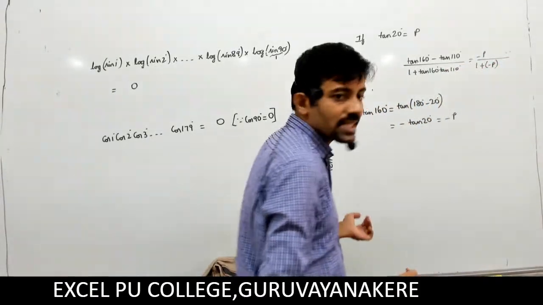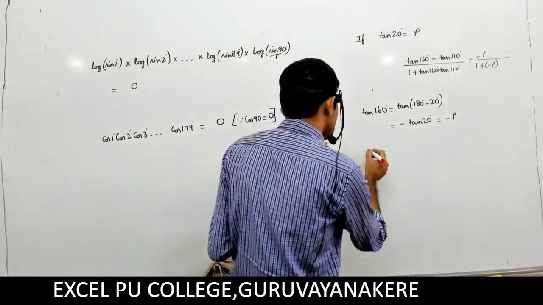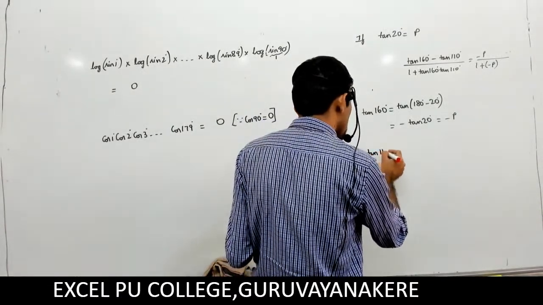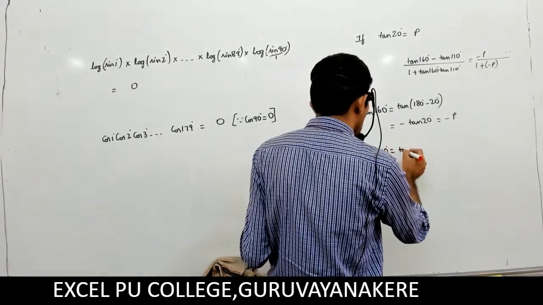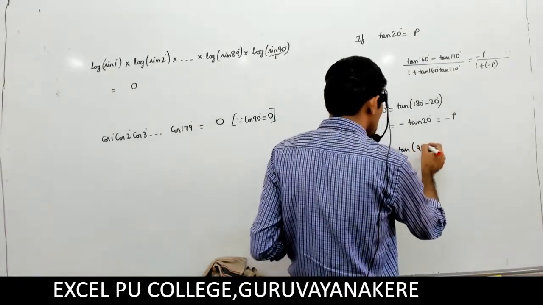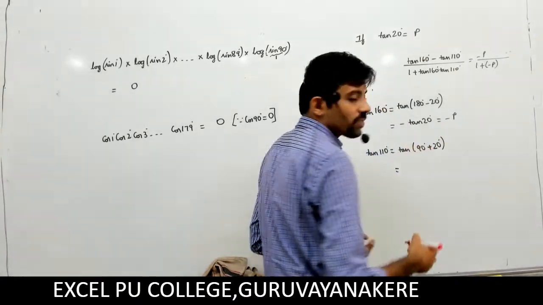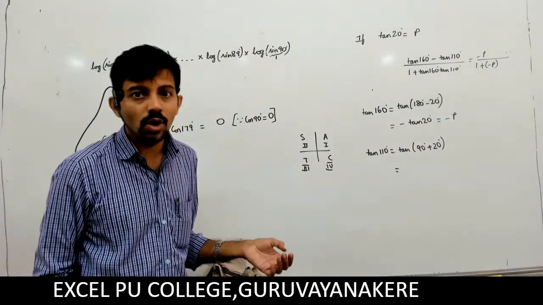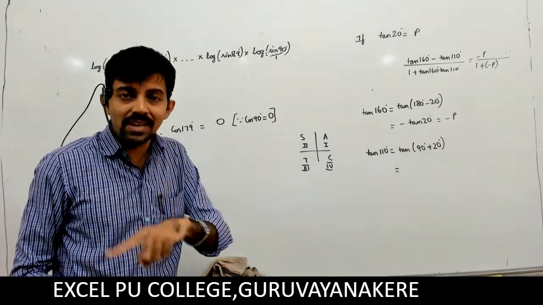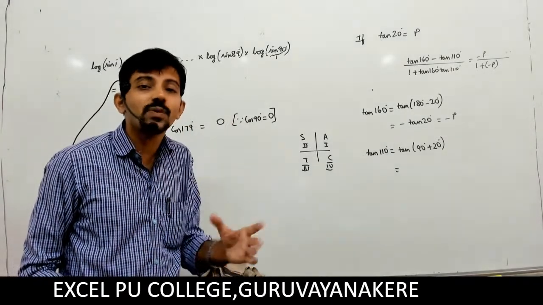Now calculate tan 110. Tan 110 is equal to tan of 90 plus 20. 90 means cofunction, and the cofunction of tan is cot. Whenever you get angles of the type 90 and 270, you have to write the corresponding cofunction.